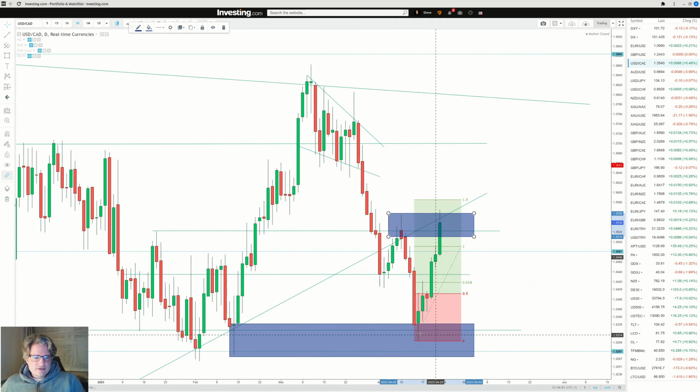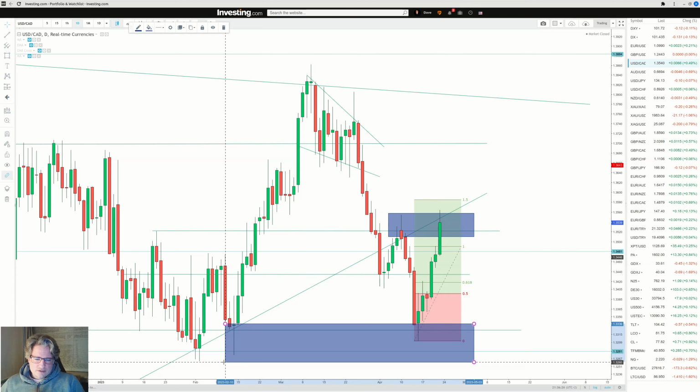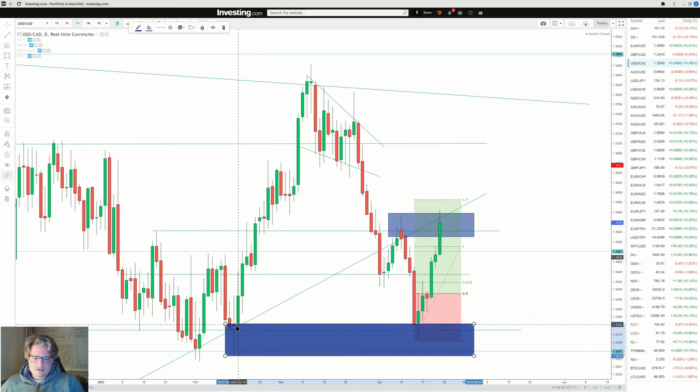Here at the bottom also we had a move down and then a strong move up, and we had a large pin to the downside, also to the upside, but I always draw the top where the move starts. So the move starts here for me, and then the bottom is at the bottom of the previous candle that shows indecision.